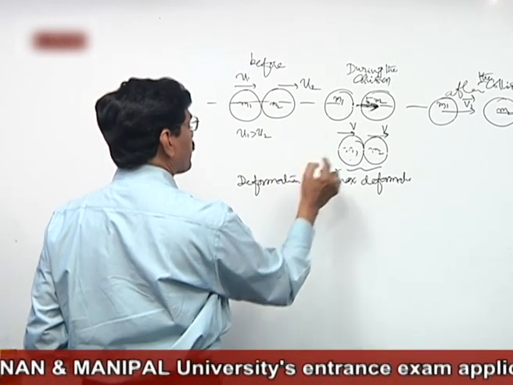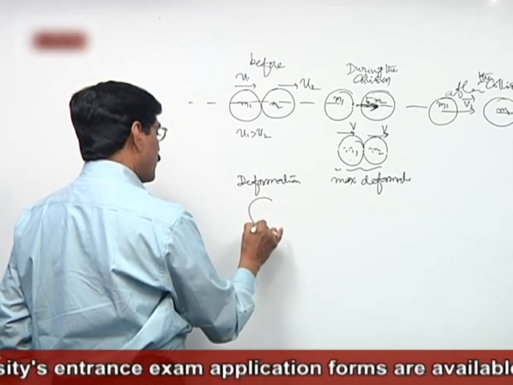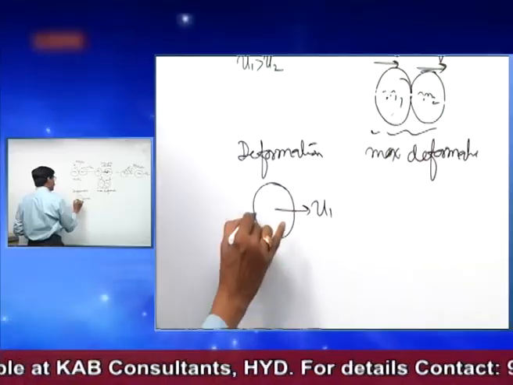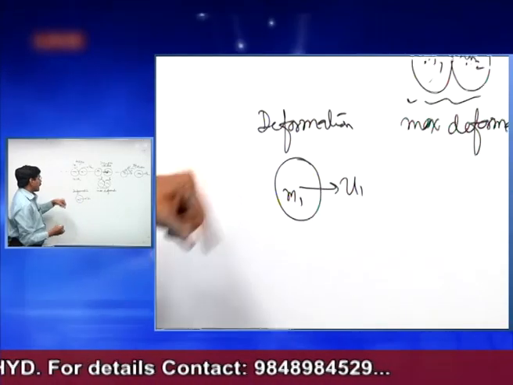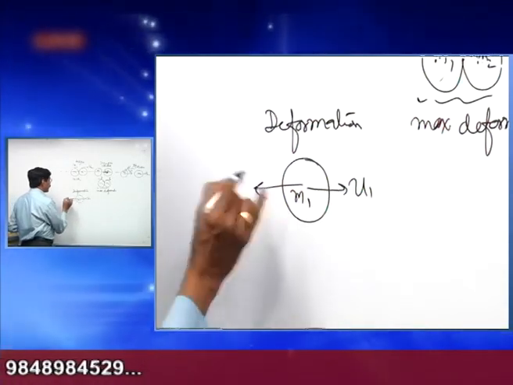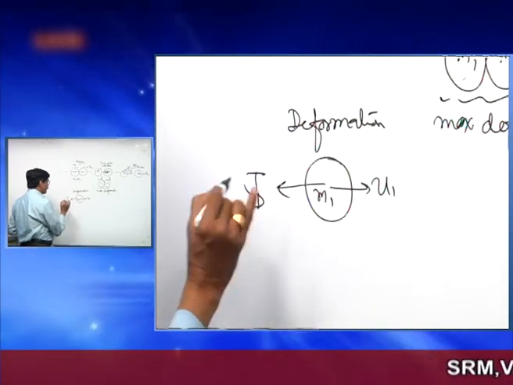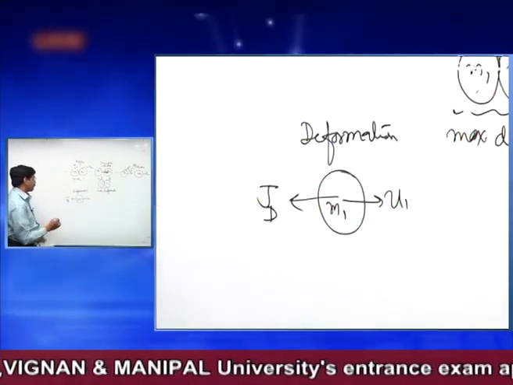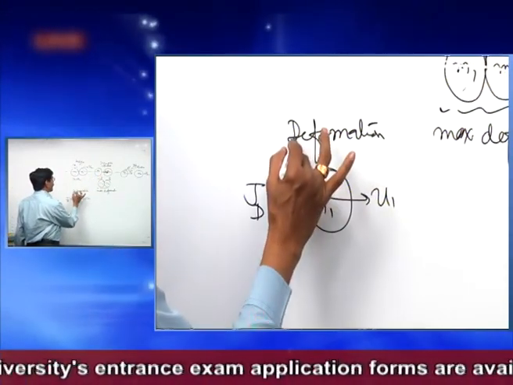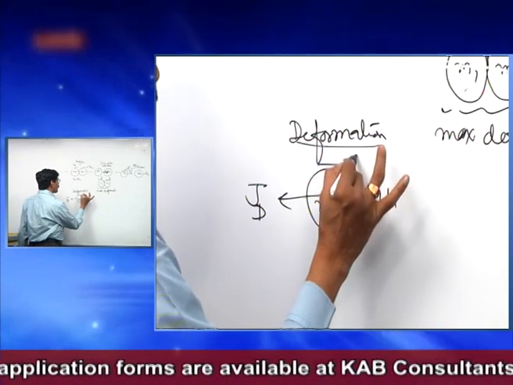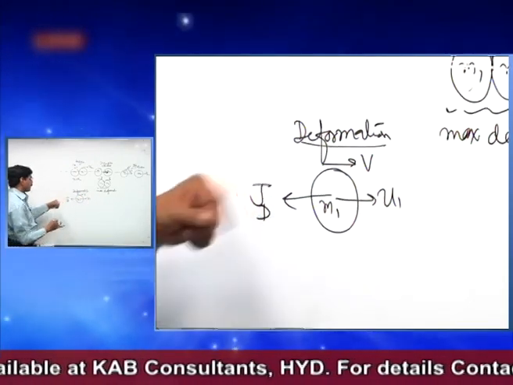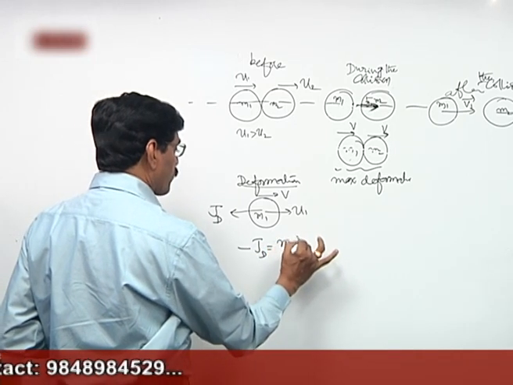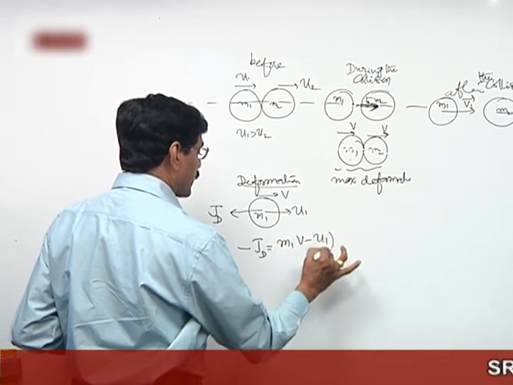During deformation, what happens to m1? m1 was moving with velocity u1 initially and experiences deformation impulse JD towards left, because the second ball is pushing it towards left, and finally at the end of deformation, the final velocity becomes v. Therefore, we can write minus JD equals m1 v minus u1.